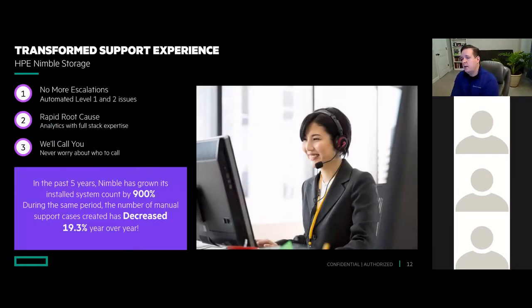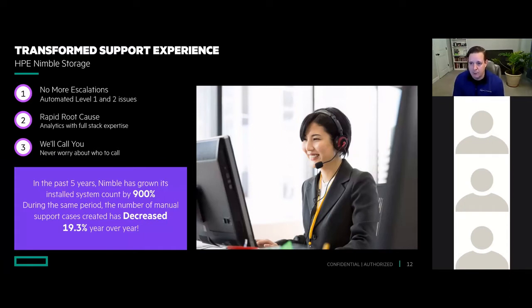So it all results in a transformed support experience, is what we genuinely believe. The same thing's been true for Nimble for a long time. This is something that HPE did not change through the acquisition, and as a matter of fact, is moving themselves into that model, which is what a lot of this content is going to be about.